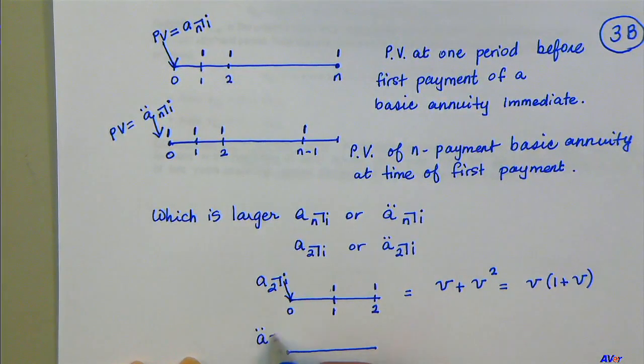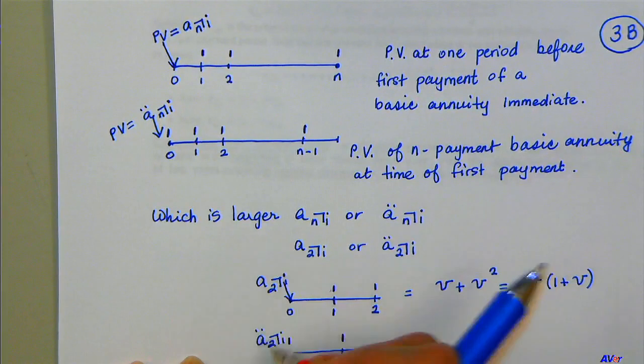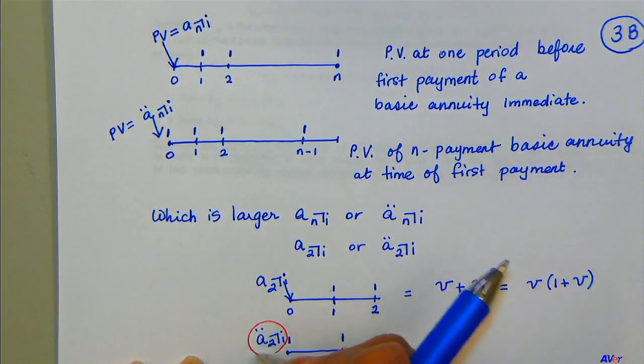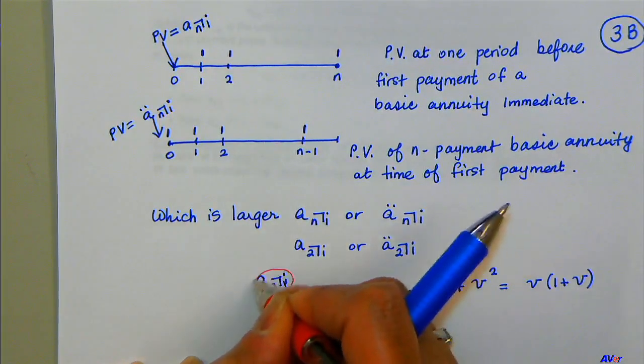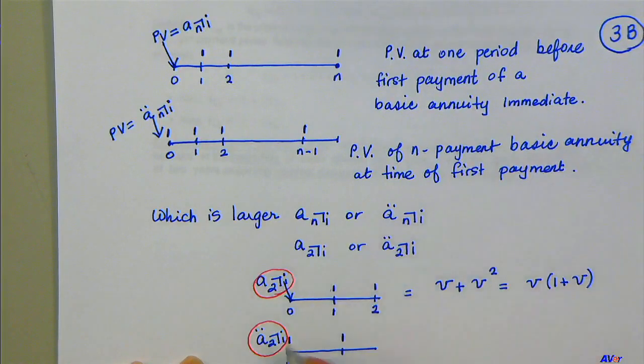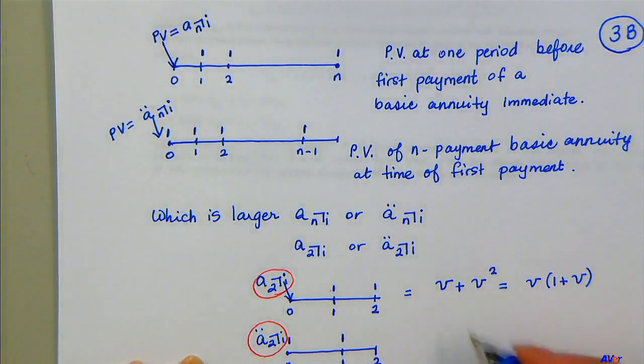And then there's A double dot angle 2I, where there's a payment of 1 at time 0, and there's a payment of 1. Let me just separate this. So there's a payment of 1 at time 0, and a payment of 1 at time 1, and no payment at time 2. So what is the present value of this?